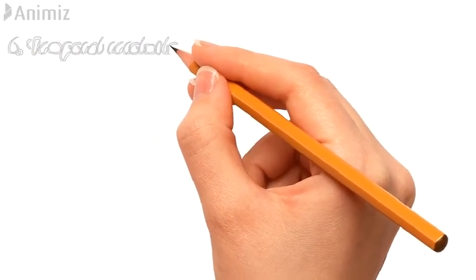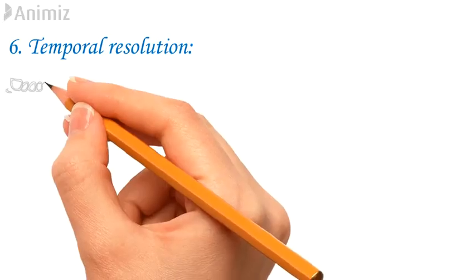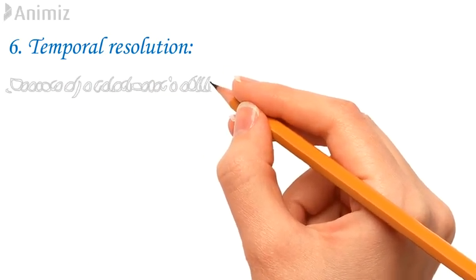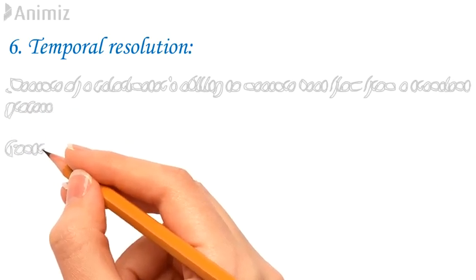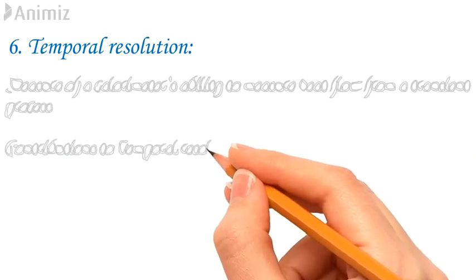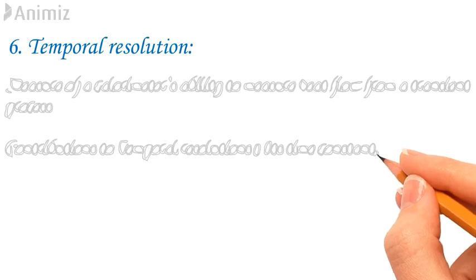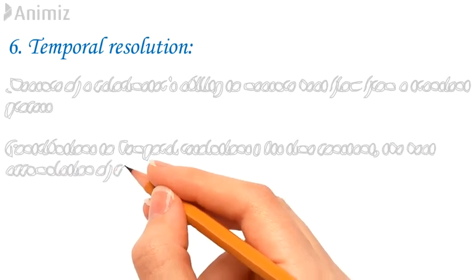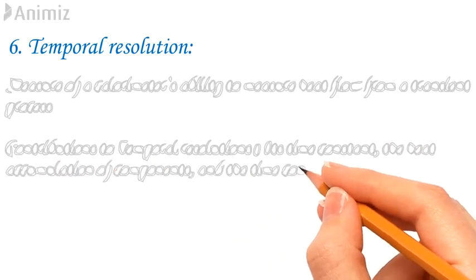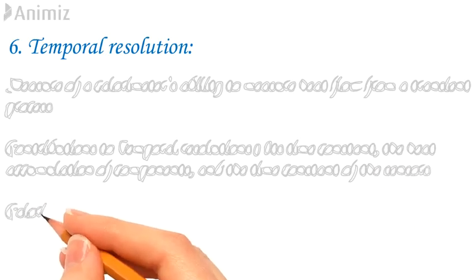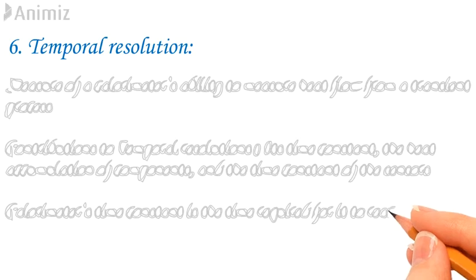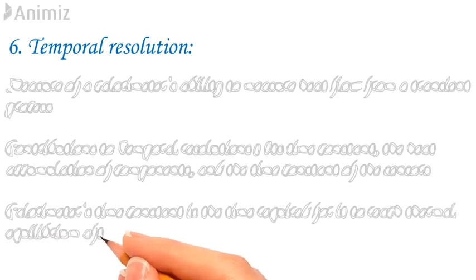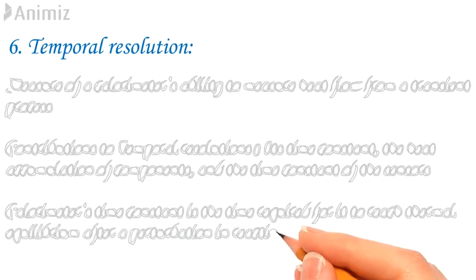Temporal resolution. Temporal resolution is a measure of calorimetry's ability to measure the heat flow from transition processes. In general, increasing temporal resolution allows more information to be obtained about the process. There are three factors that contribute to calorimetry's temporal resolution. First, its time constant. Second, the heat accumulation of components. And third, the time constant of sensors.